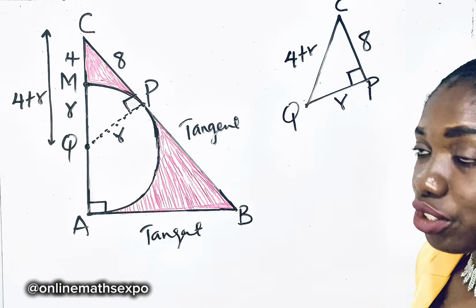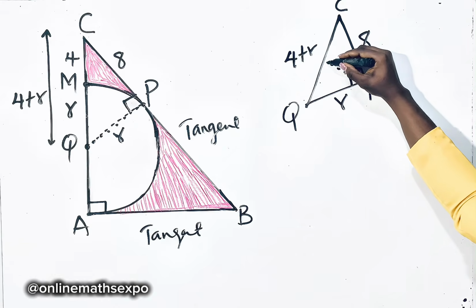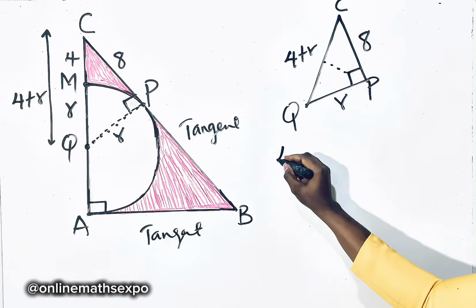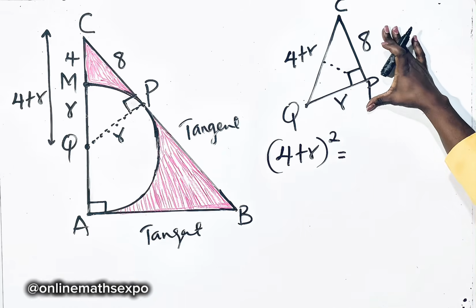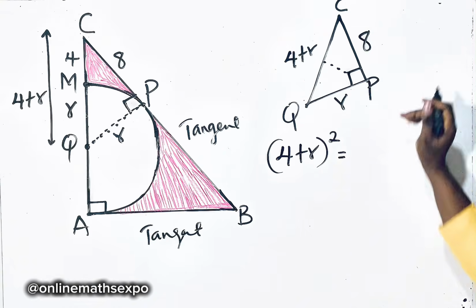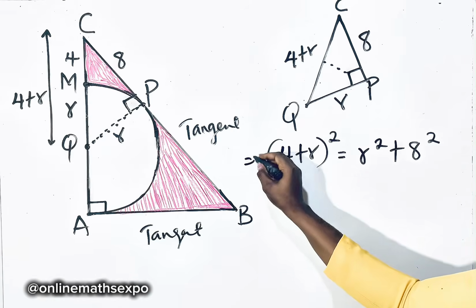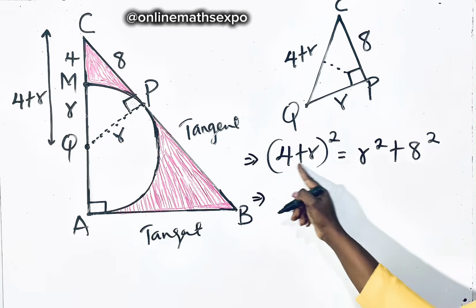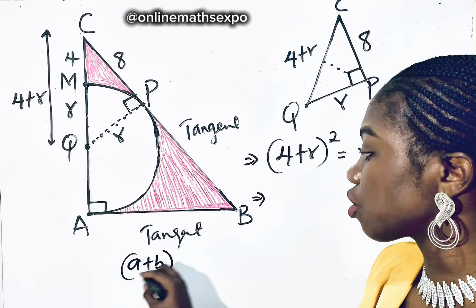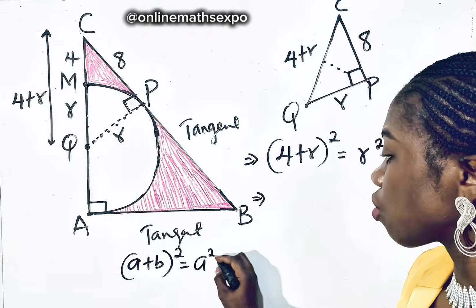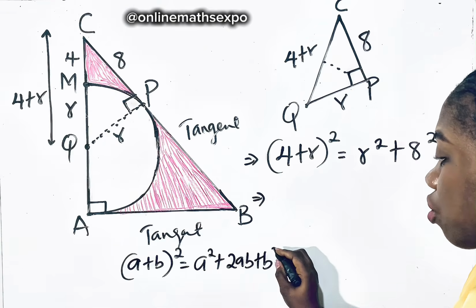Using your Pythagorean theorem, remember that the side opposite the right angle is always the longest. So we are going to square it. This is equal to the sum of the squares of the two legs, which is r squared plus 8 squared. Let's solve together. We are going to have to expand this. Just remember, (a plus b) squared is always a squared plus 2ab plus b squared.